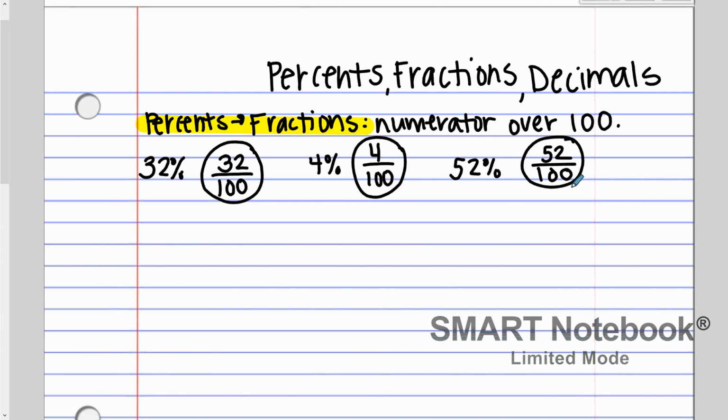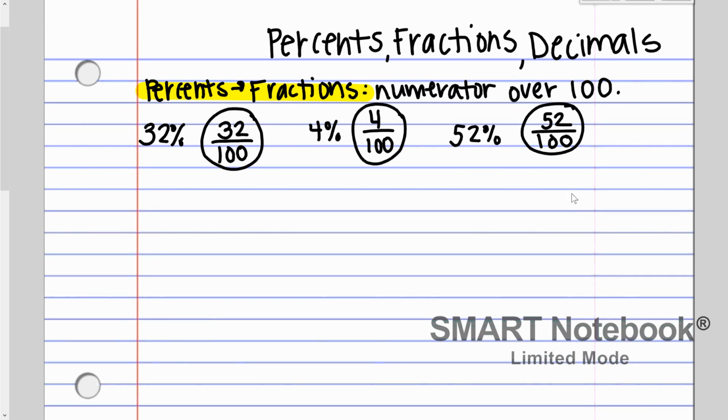Let's reverse that. Let's write a fraction as a percent. So, fraction to percent. The first thing we need when we're writing a fraction as a percent is we need the fraction to be out of 100. Because if we get that fraction to be out of 100, then our numerator is our percent, right? That makes it really easy.